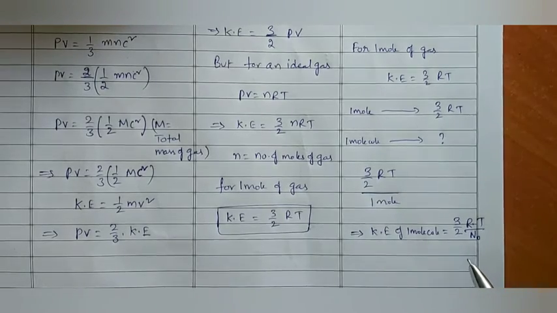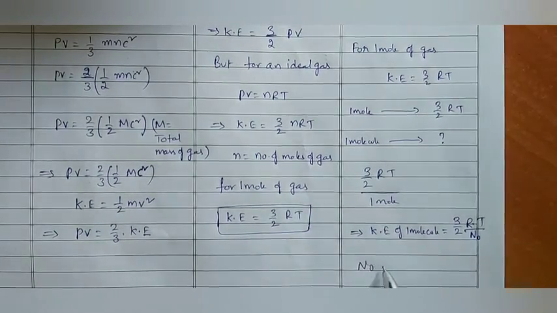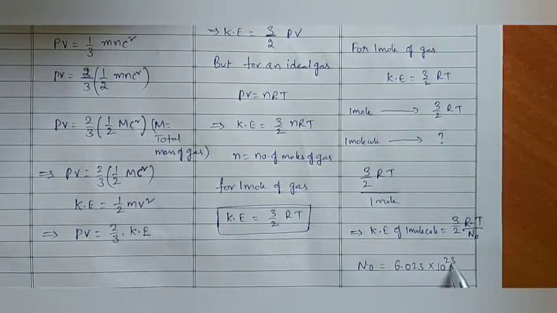Anything is same only, Avogadro's number 6.023 into 10 power 23, where N naught is equal to 6.023 into 10 power 23.